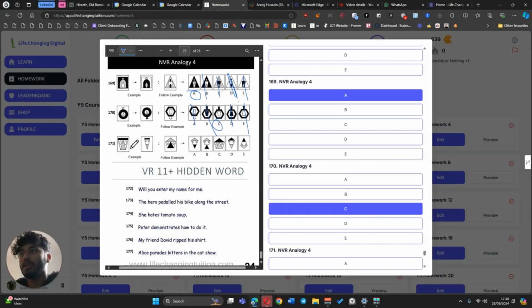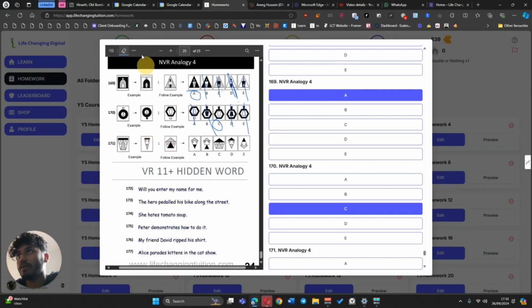171 we've got here. This triangle seems to rotate 180 degrees, and then you've got this triangle. So this is what I'm seeing. So I think this triangle, or maybe not, because I don't see any of these options that are just a triangle.